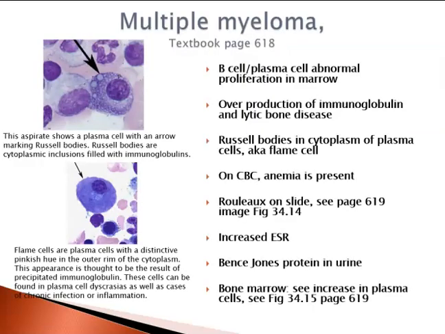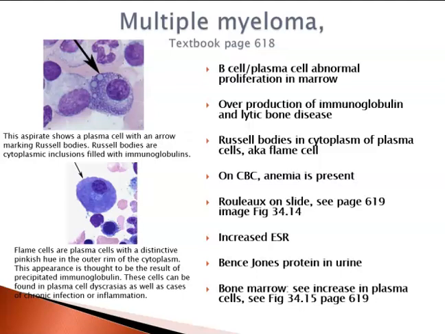The next disease we're going to discuss is multiple myeloma, also known as MM for short. This is a B-cell plasma cell abnormality, and this is a proliferation in the marrow. Proliferation meaning there's a rapid reproduction of cells. There's an overproduction of immunoglobulins.